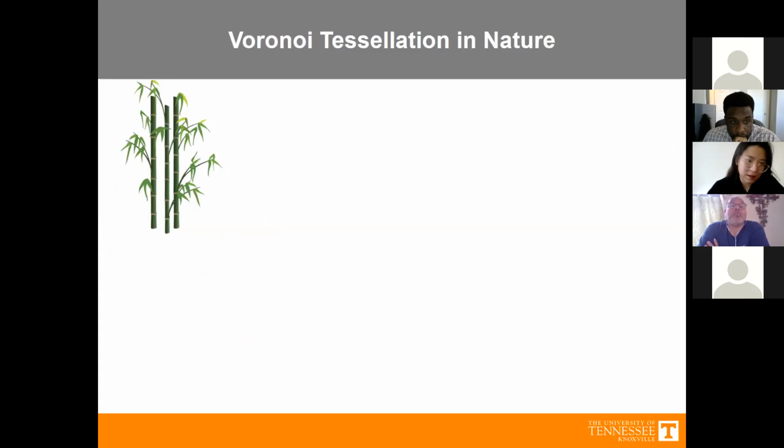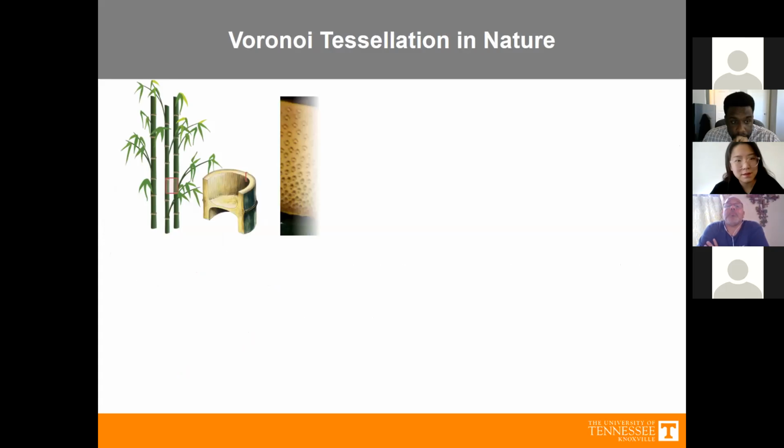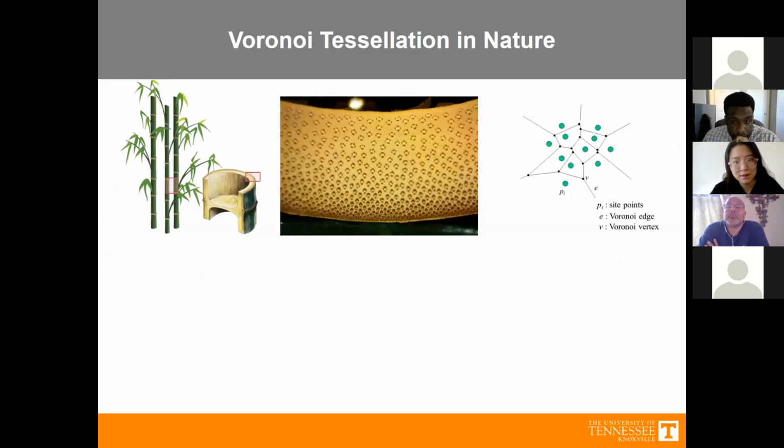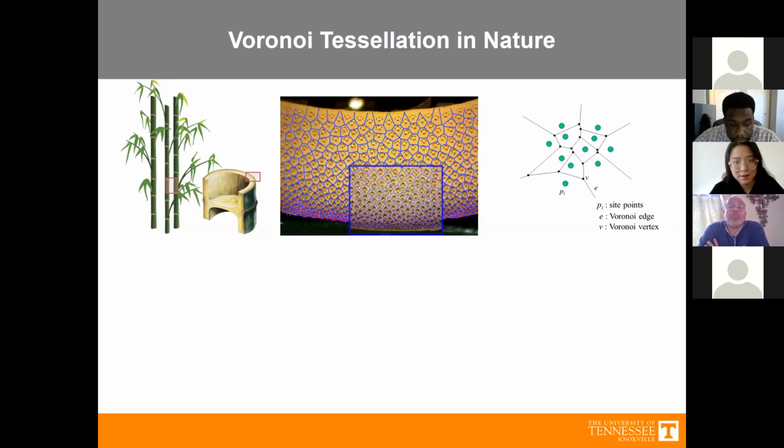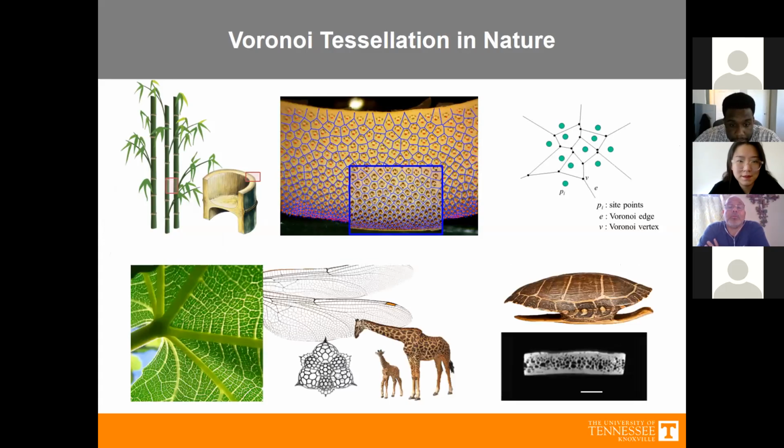So the Voronoi tessellation, I think I probably have talked about this in last year's session briefly, is basically a pattern widely discussed in nature, a discovery in nature from the pattern of tree leaves to the skeleton of a dragonfly, the microstructure of a turtle shell, and so forth.